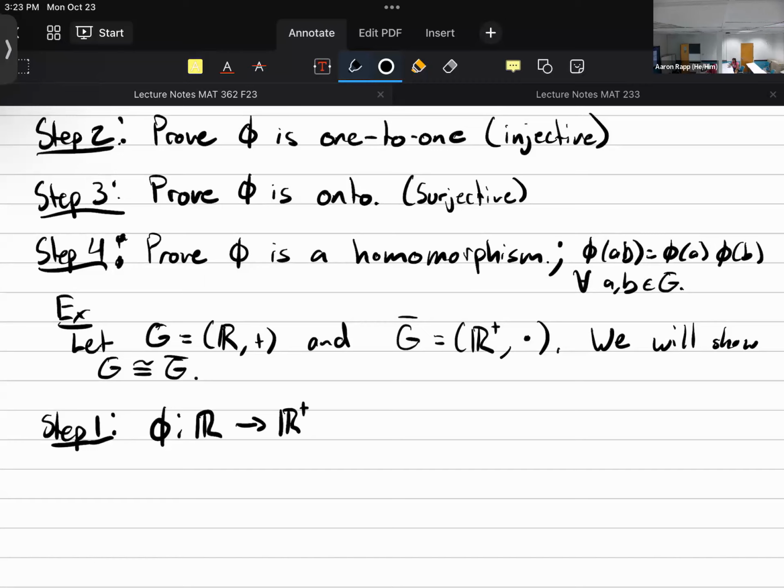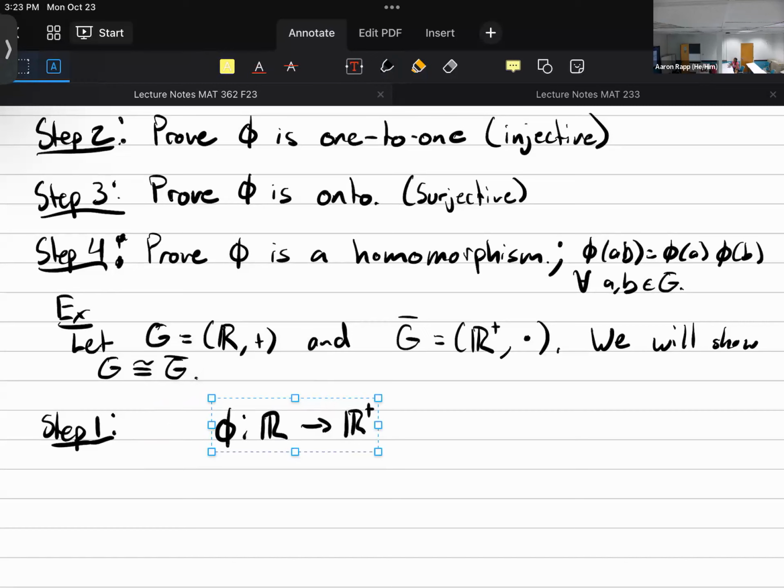All right. So I'm going to define a map. And I have to ask, what is a way that I can turn real numbers into positive real numbers? There are tons of ways I can do that.